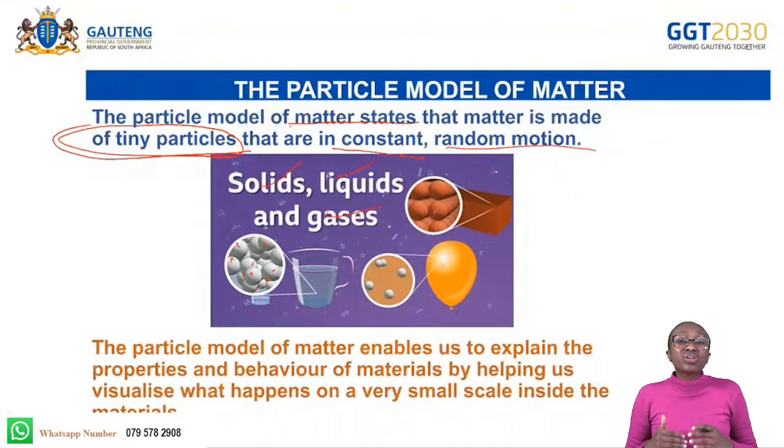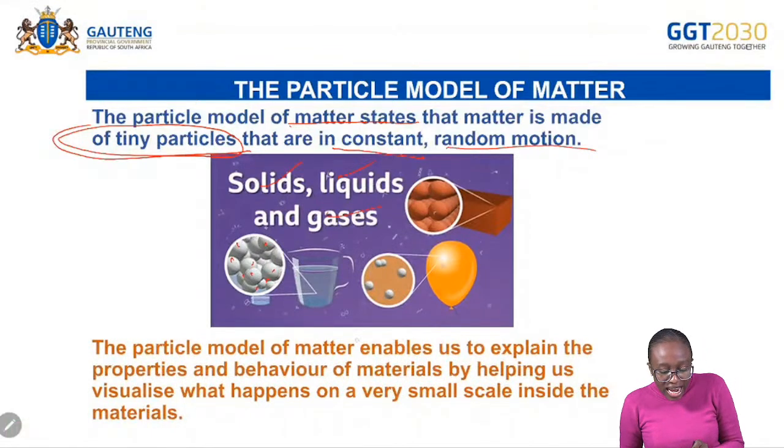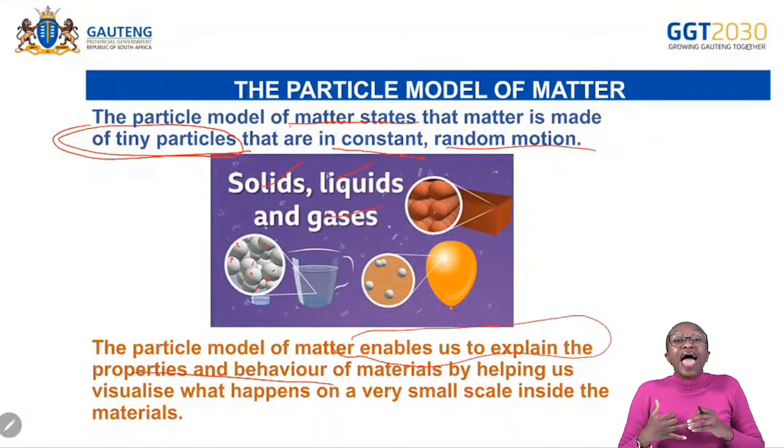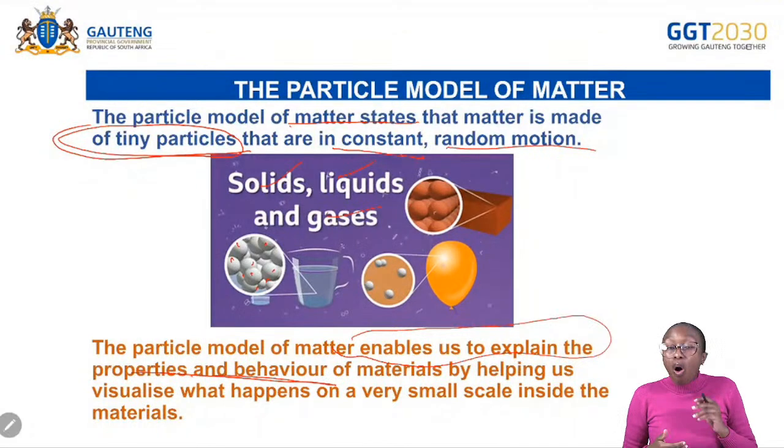So the particle model of matter is very useful because it helps us to explain the properties and behavior of materials by helping us to visualize what happens on a very small scale inside the materials.